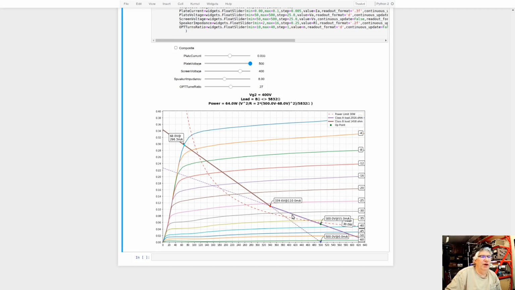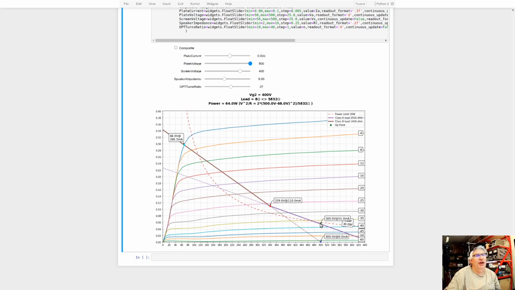If you get above this when you're in class A and this tube is on, you're running the risk of exceeding the power dissipation of the plate. So 500 volts is not good for that.